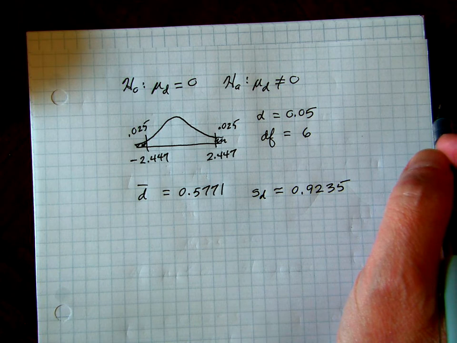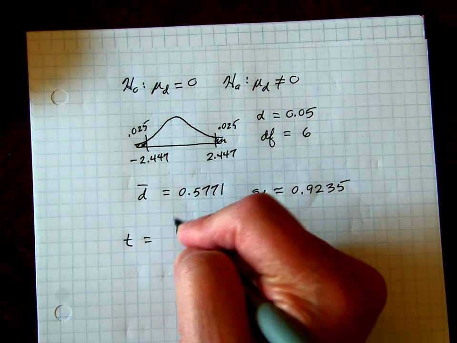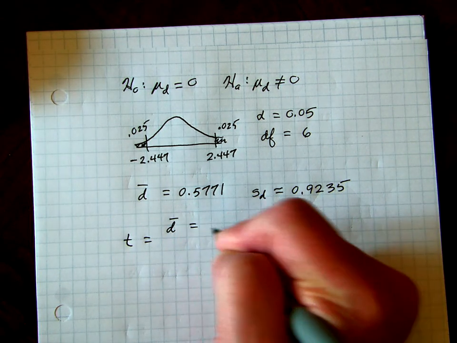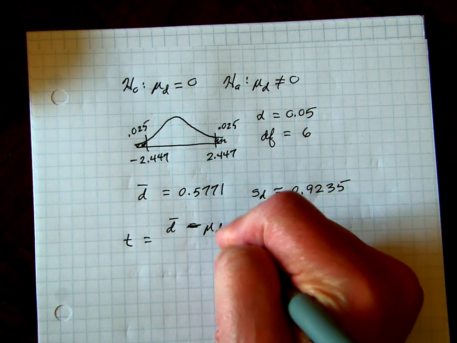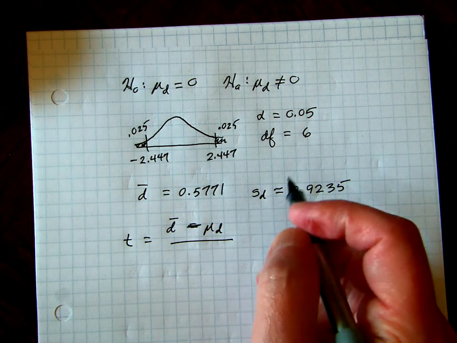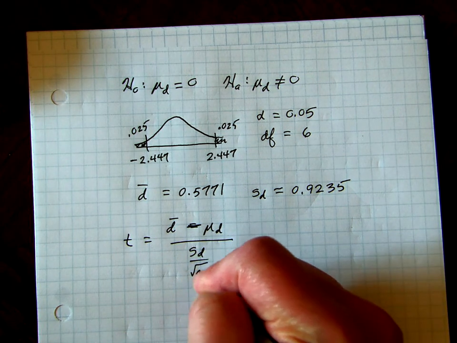What's our test statistic in this case? Well, once again, we're going to take D bar, we're going to subtract mu d, population d, over SD over square root n.